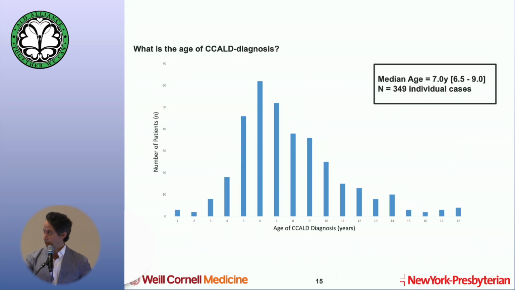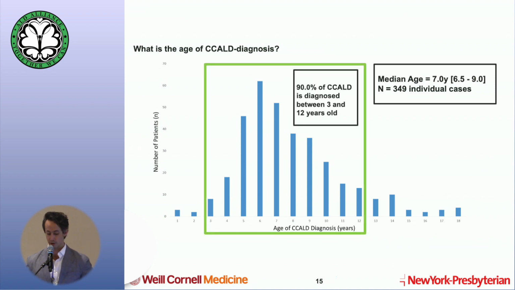If we look at the individual cases pulled from the literature, we ask the question, what's the age of childhood cerebral ALD diagnosis? 90% of the cases fall between 3 and 12 years old. The median age was 7, so 6.5 to 9. These were mixed asymptomatic kids and kids with early cerebral disease.